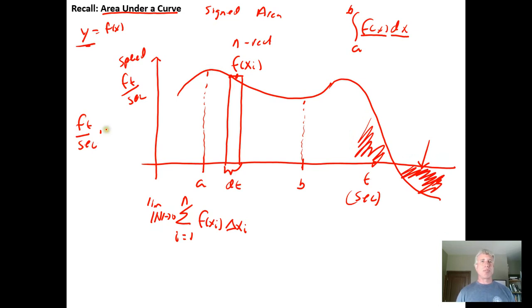So speed times time, height times width, we got feet. And it turned out that the area under the curve actually had a physical significance. It represented the distance traveled, or feet.